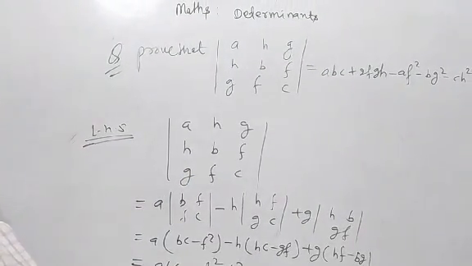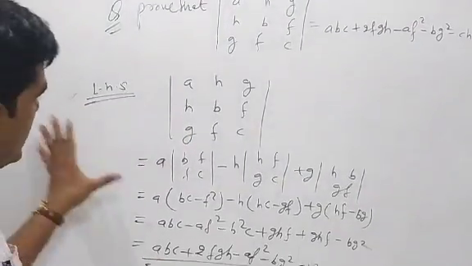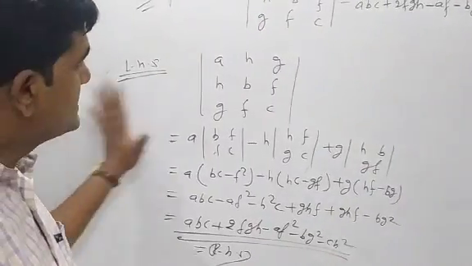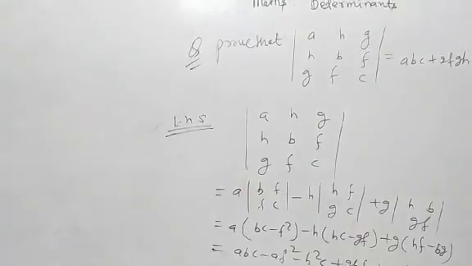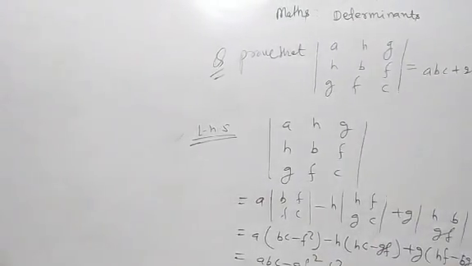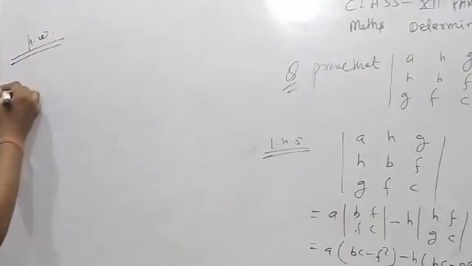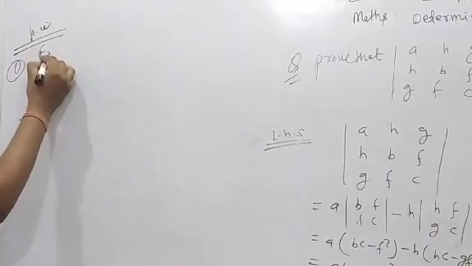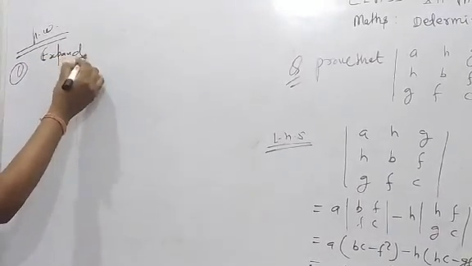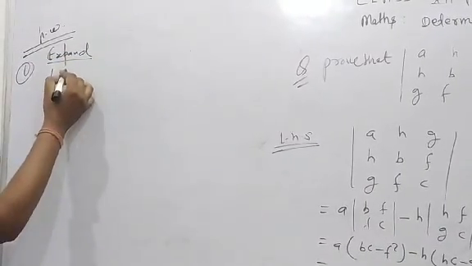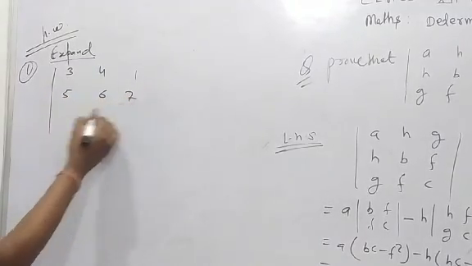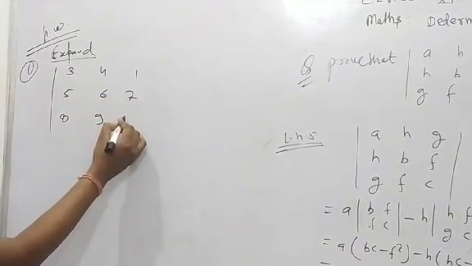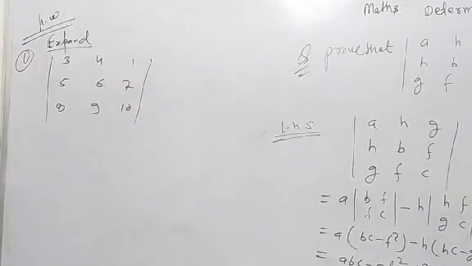Understood? Okay? Now I'm going to give homework questions based only on how we can expand 2 cross 2 order and 3 cross 3 order determinants. Then expand: 3, 4, 1, 5, 6, 7, 8, 9, 10. First question.